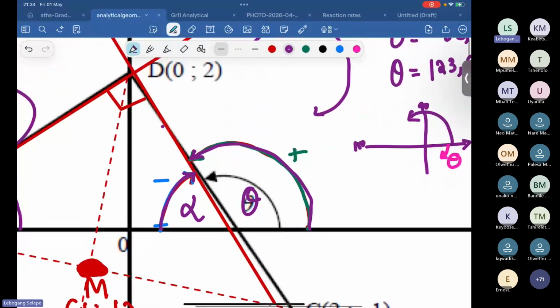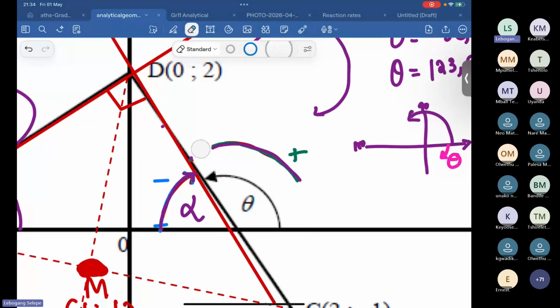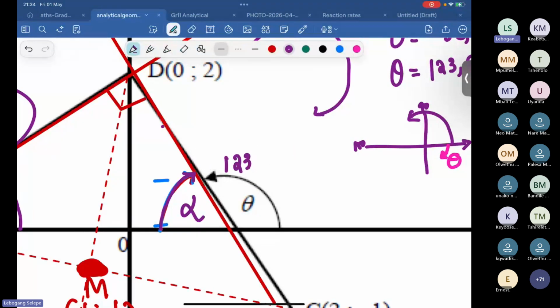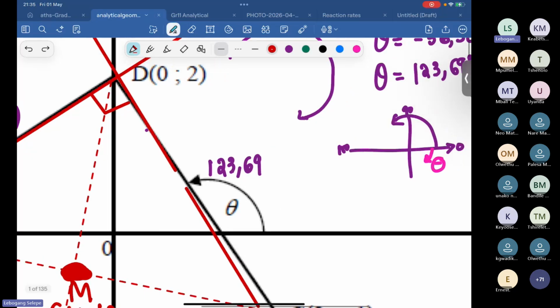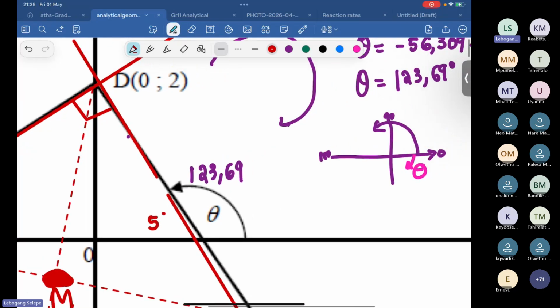So now we've figured things out. We know that this is 123.69. Let me just erase this. This alpha right here is, what was it again? 56.31 degrees, right?